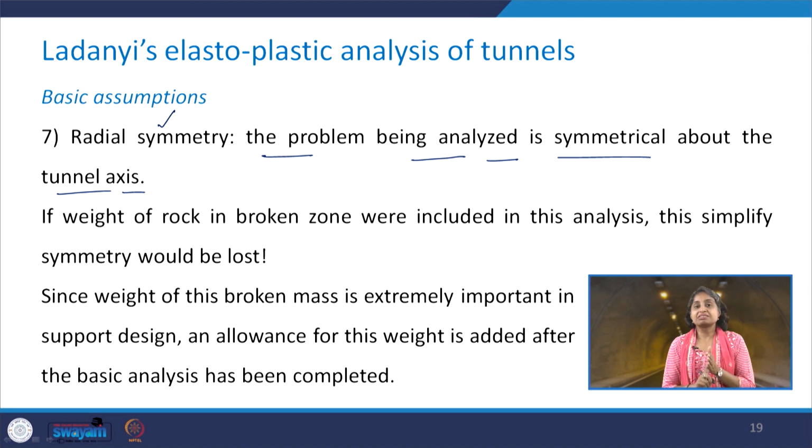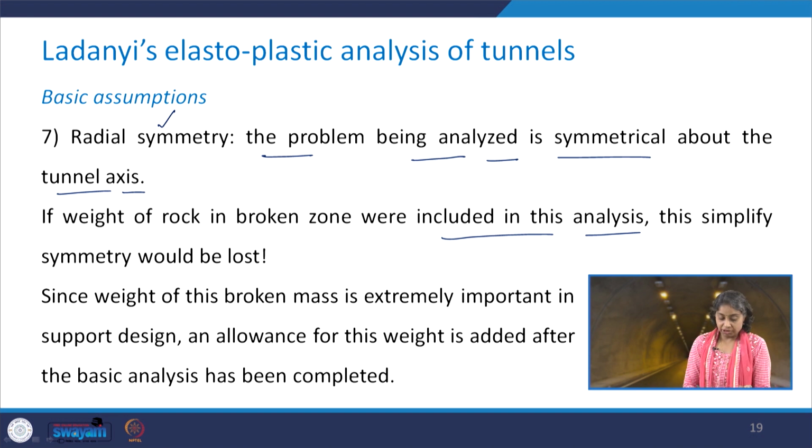The question is, what will happen to the weight of the broken zone which is there in the roof portion? If we include this in the analysis, this simplified symmetry would be lost, because the weight of the broken zone may not be symmetric. It will be there in the roof portion and not on the side walls.